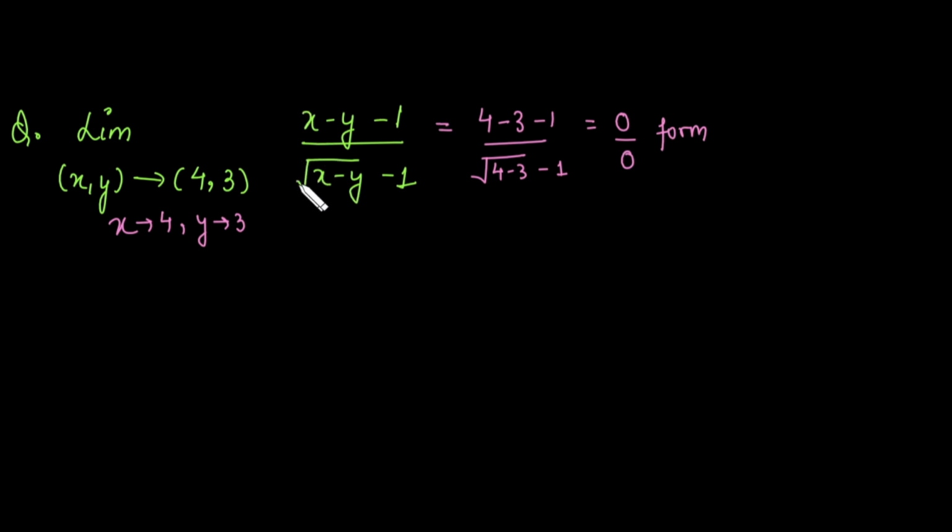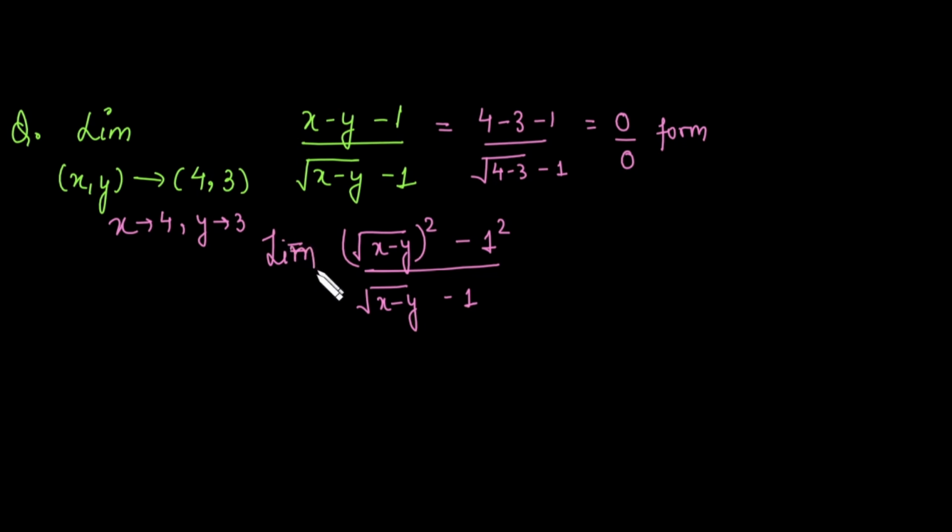Observe this function. In this case, we have x minus y minus 1 and in the denominator, root of x minus y, minus 1. We have one option to create a factor form. So we need to find the factor of this in terms of the numerator. We can write this as equal to (root of x minus y) squared minus 1 squared divided by root of x minus y minus 1. And this limit, (x, y) is approaching the point (4, 3). In the numerator, we can use the identity a squared minus b squared is equal to (a minus b) times (a plus b).